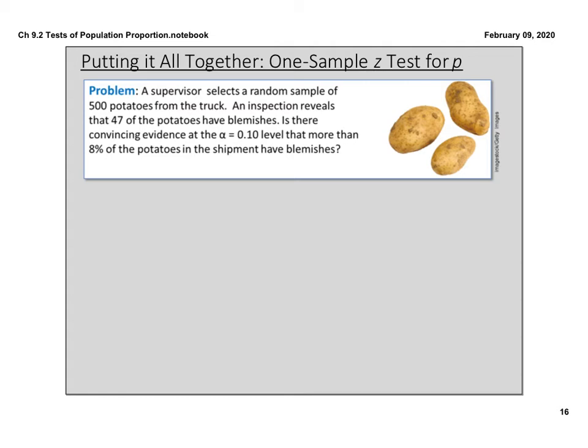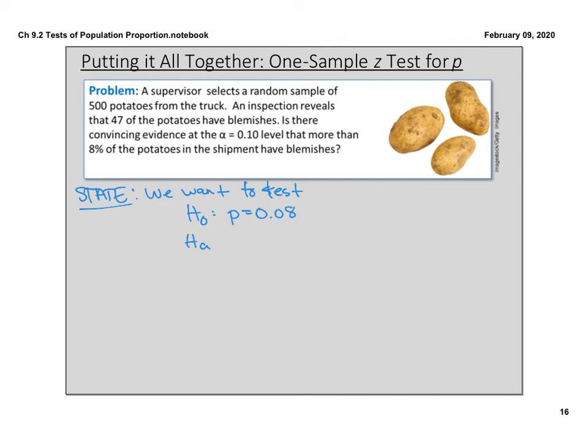Now we're going to go through our 4 steps: state, plan, do, and conclude. So the first one, state. We want to test, and then state what your hypotheses are. Your null is that p is equal to 0.08.